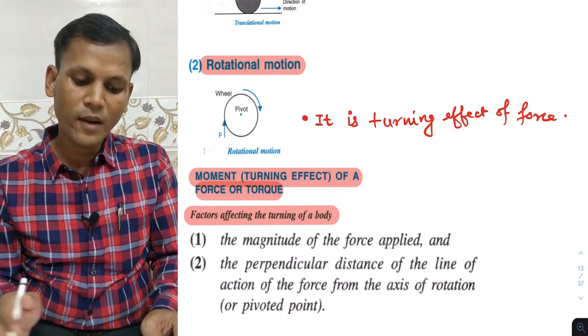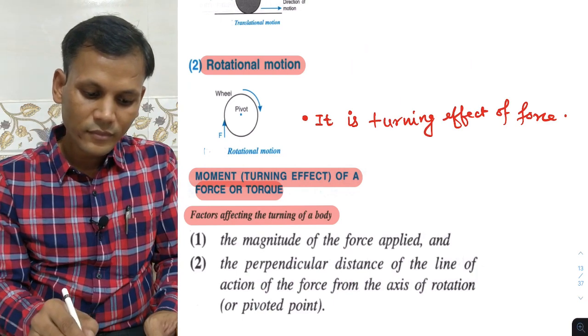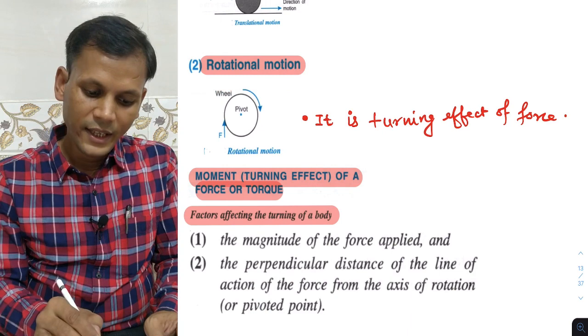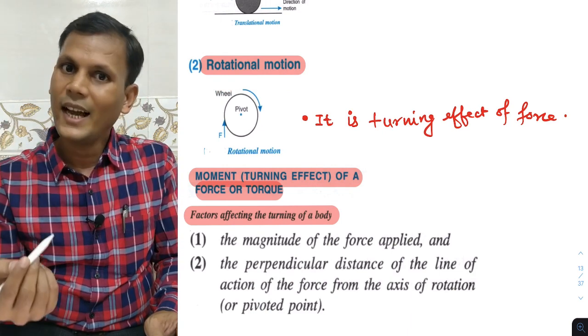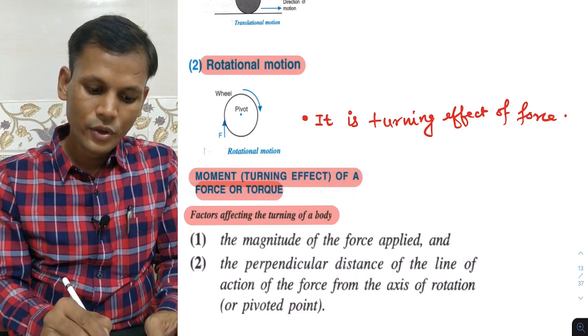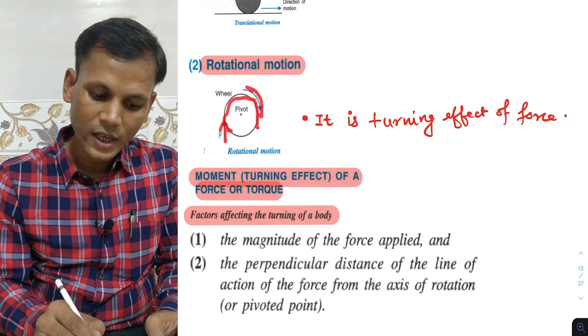So we are discussing the second part, that is rotational motion. Like this pivot point, it means that is the axis. The axis is fixed, so as we apply force on it, the body will start to rotate like this.